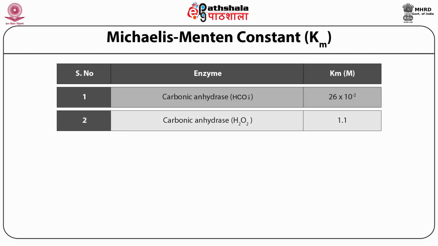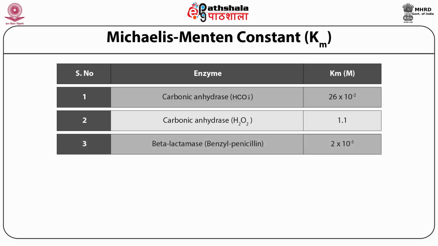Catalase enzyme, which is involved in the detoxification of H2O2, has a Km of 1.1 molar. Beta lactamases are the enzymes involved in the hydrolysis of the penicillin group of antibiotics, or beta lactam antibiotics. They have a Km of 2 into 10 to the power minus 5.